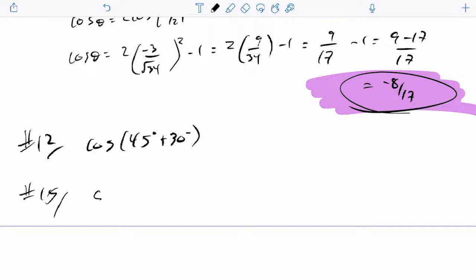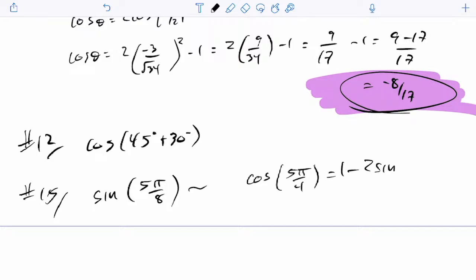Number 15 is the sine of 5 pi over 8, and there's a couple of ways you could do this one. If you wanted to, you know that the cos of 5 pi over 4 is equal to 1 minus 2 sine squared of 5 pi over 8. So you could solve that way to answer number 15.